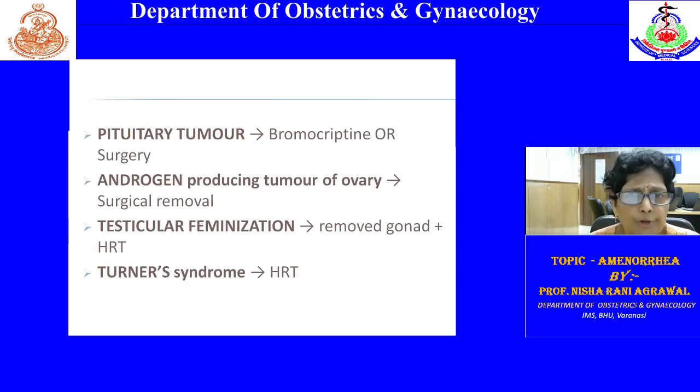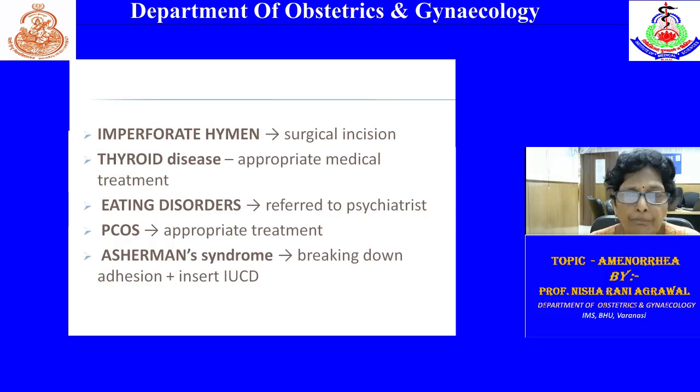For pituitary tumors, bromocriptine or cabergoline are given, or if it is a big pituitary adenoma, then surgery may be recommended. Androgen producing tumor of ovary, surgical removal. Testicular feminization is removal of gonads plus HRT. Turner syndrome, HRT. Imperforate hymen, surgical incision.